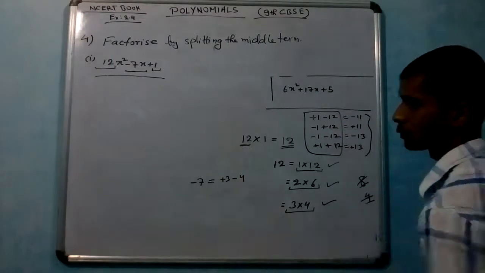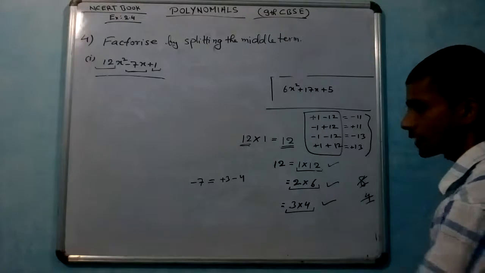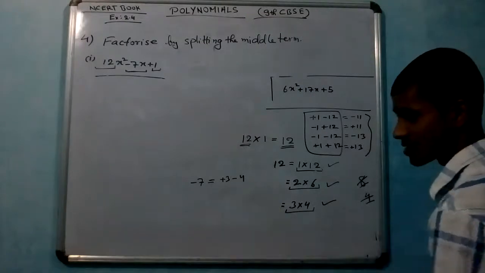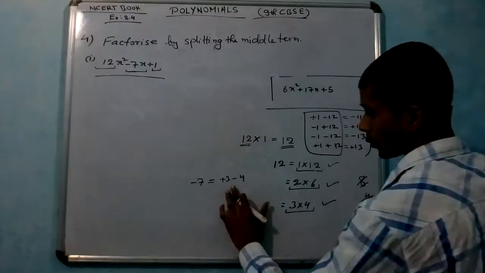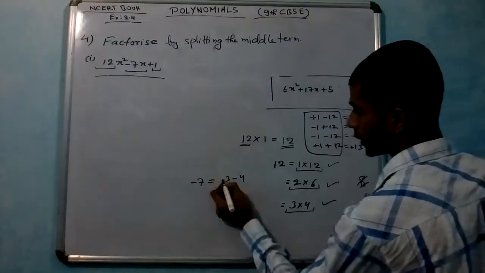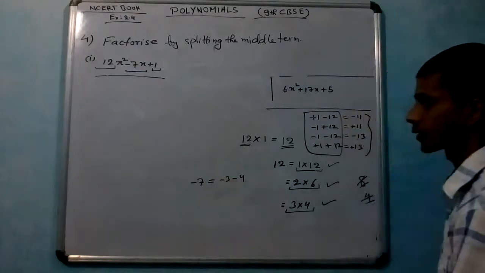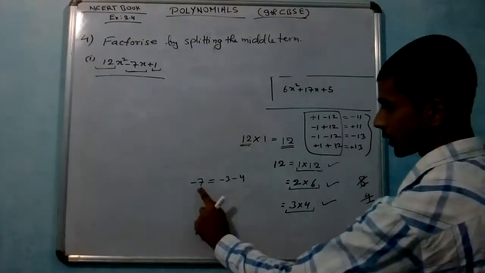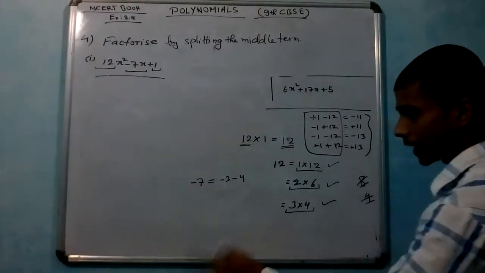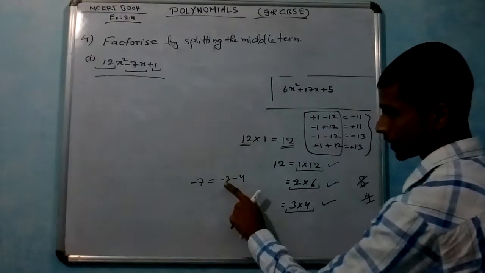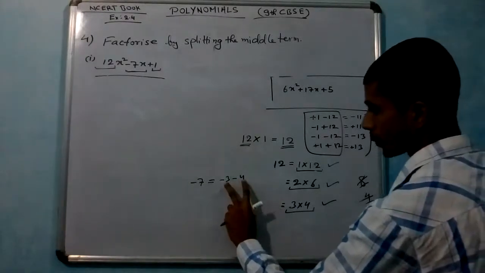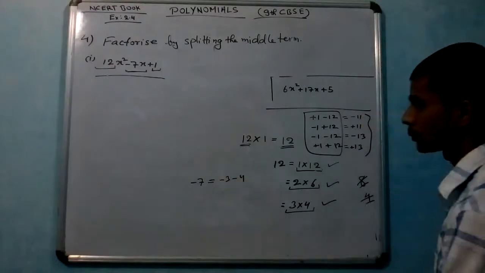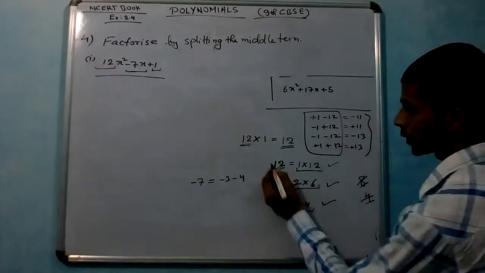It will come minus 1, no? Where is minus 7? Yes, minus 3, minus 4. So minus 7 can be split into minus 3 and minus 4. And what should their product be equal to? It must be equal to this 12, plus 12.